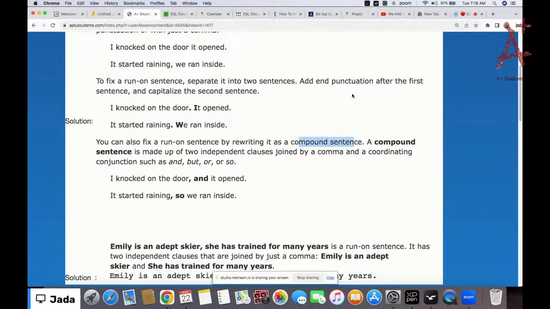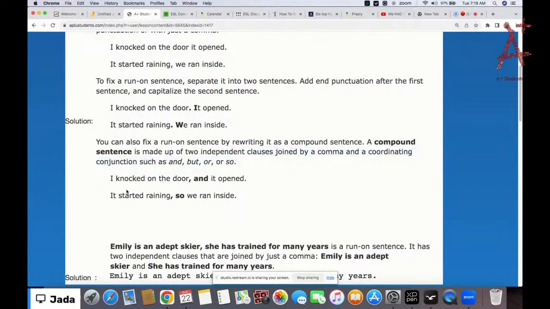A compound sentence is made up of two clauses joined by a comma and a coordinating conjunction such as and, but, or, so. So if you do not want to separate them with a period, you can make them into a compound sentence. A compound sentence will join the sentences with a comma and a coordinating conjunction. The coordinating conjunctions are just and, but, or, so.